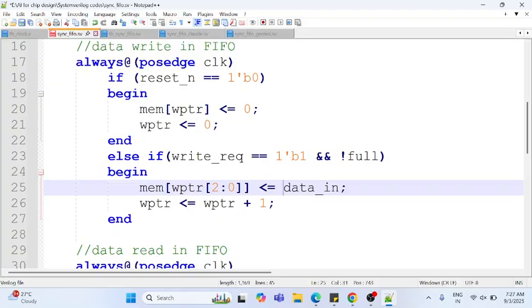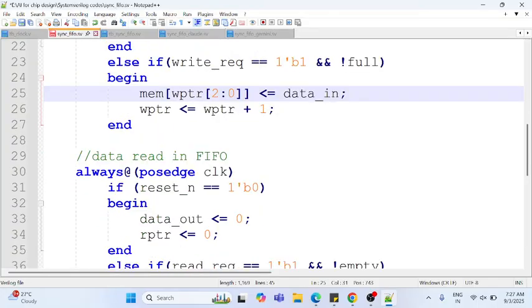Once you have written the data in the particular location, write pointer gets incremented by 1. So it is simple. We are clearing the internal memory when reset is 0. Then we check whether write request is 1 and it is not full, we write the data: mem of the write pointer location equal to data in, and the write pointer gets incremented.